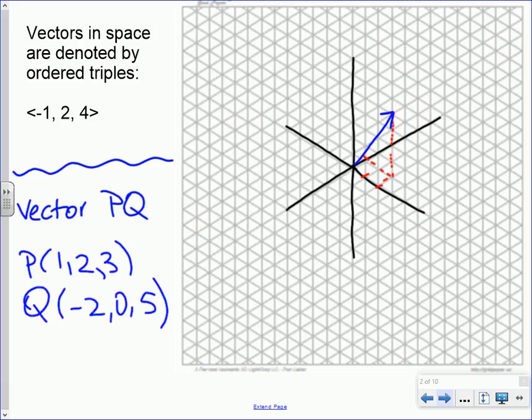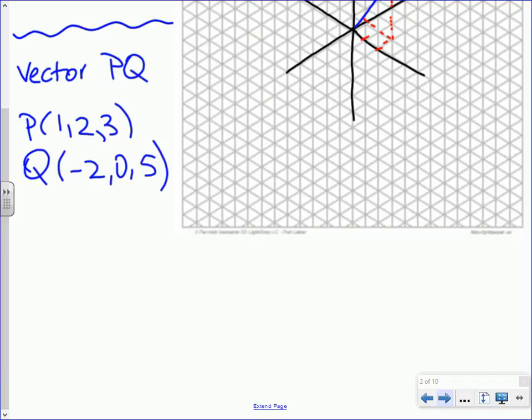How would we get the vector PQ? Take Q and subtract P. Remember, I emphasized this quite a bit back in chapter 6. We have to take the terminal point and subtract the initial point.